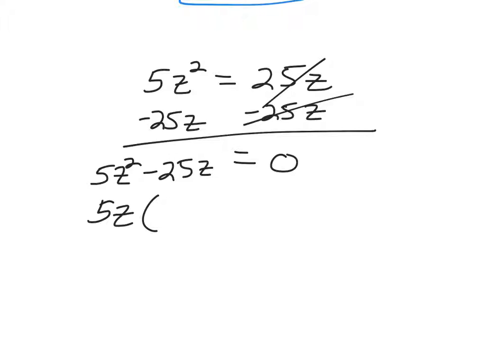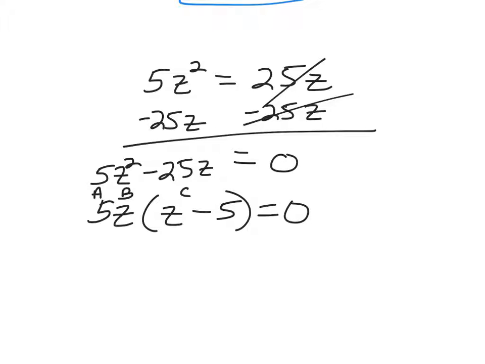5z out of 5z squared leaves z. 5z out of negative 25z leaves negative 5. Okay, now this time I've got 3 factors: 5, z, and z minus 5. So think of this as your A, this is your B, and this is your C. So what we'll do is we'll take each one of those and set them equal to 0 and solve.